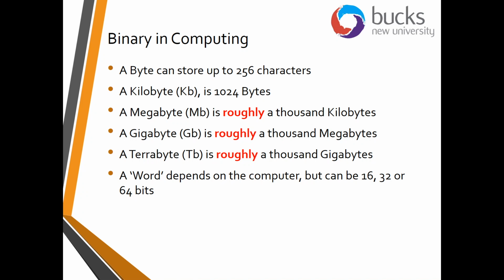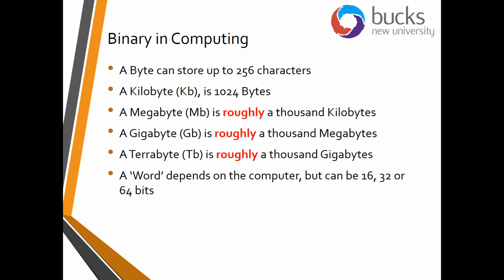A kilobyte is 1024 bytes. A megabyte, roughly 1000 kilobytes. A gigabyte, roughly 1000 megabytes. And a terabyte is roughly 1000 gigabytes.